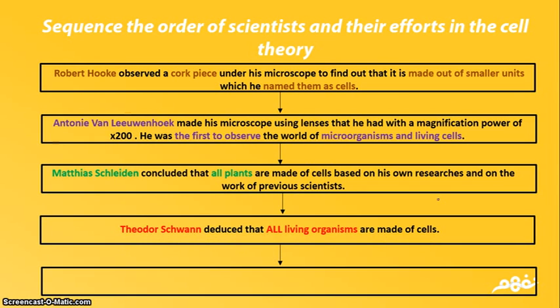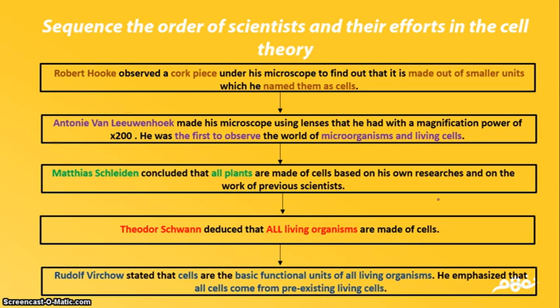Mr. Theodor Schwann concluded that all living organisms, not only plants, are made of cells. In the end, Dr. Rudolf Virchow stated that cells are the basic functional units of living organisms and that all cells come from pre-existing living cells.